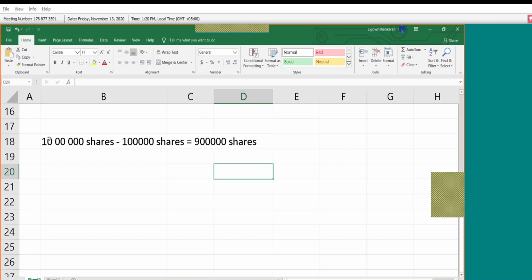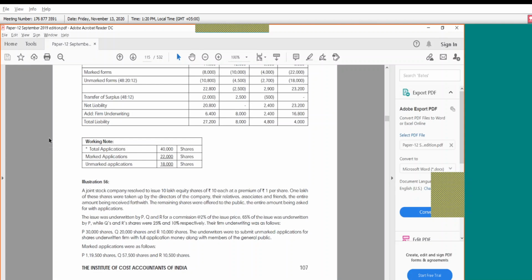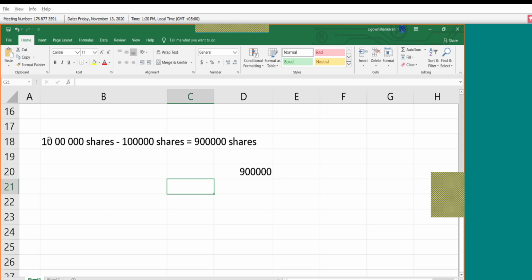This 9 lakh shares is only available to the public. How is this 9 lakh divided between P, Q, R? P 65 percent, Q 25 percent, R 10 percent.